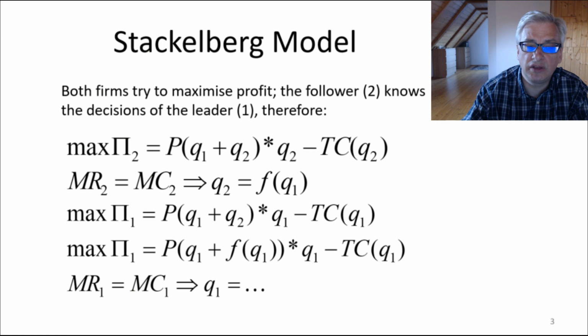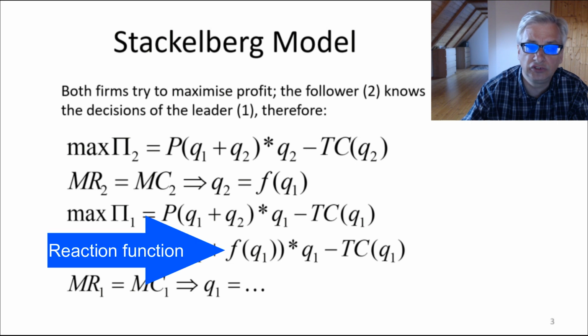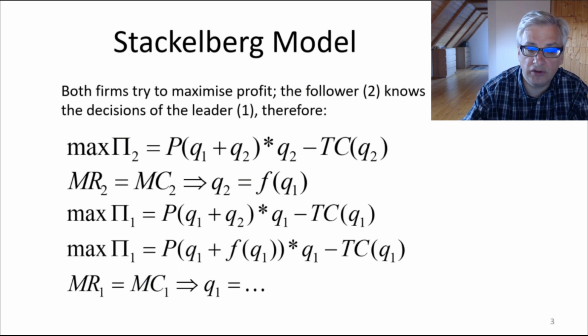But actually we have a way to get rid of Q2 and replace it with Q1. This is this reaction function that we found for the follower. So we take this reaction function, we put it in the equation, and here our equation becomes one single equation with one single unknown variable. So we can solve this equation and we can find Q1.